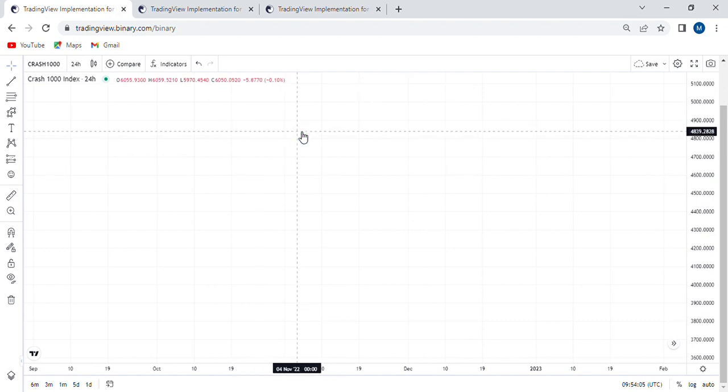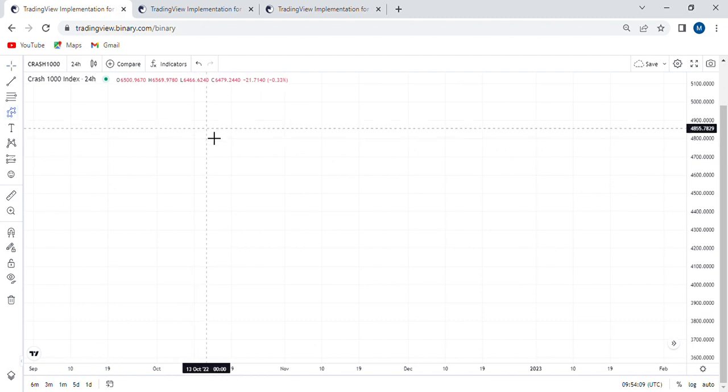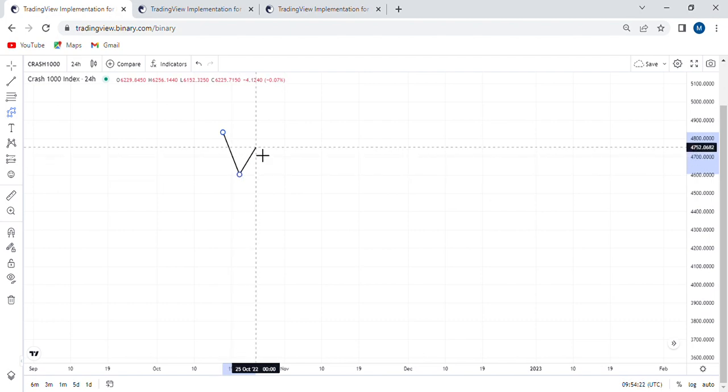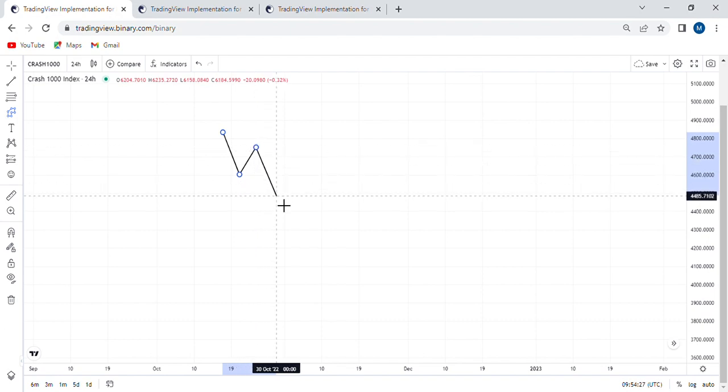All right, so now we have a downtrend. You have a high and you have a low. You have a lower high. We call this a lower high, and you have a lower low.